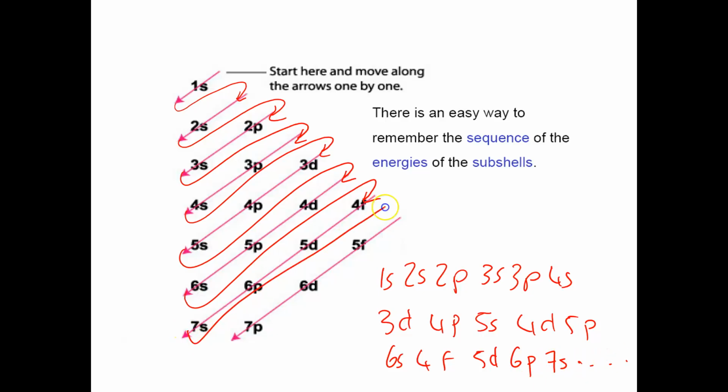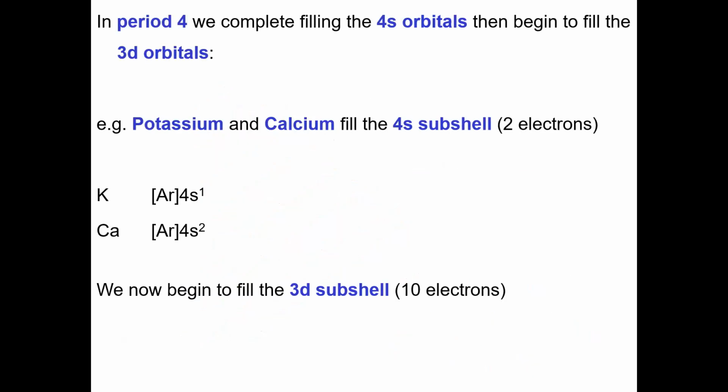Okay, we have one more row we might do. So you will need to know how to draw the Aufbau diagram and also use it to get the correct order of subshells. So in the 4th period, we're going to begin by filling up the 4s subshell. So that's one orbital in the 4s subshell. And then we're going to move on to the orbitals that are in the 3d subshell.